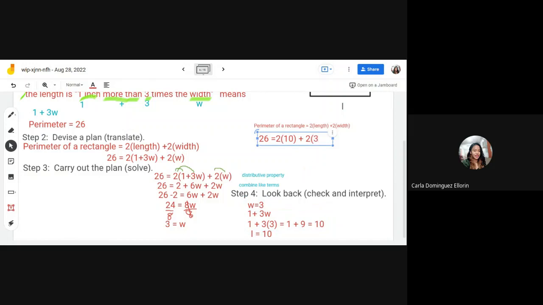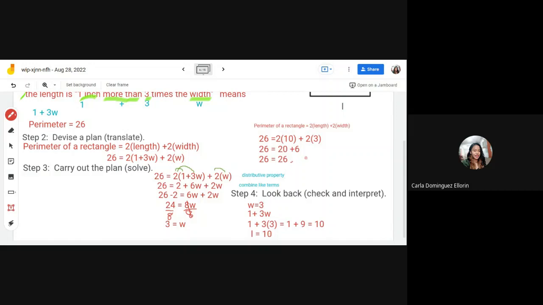So, 26 is equal to 2 times 10, that is 20, plus 2 times 3, that is 6. So, 26 is equal to 20 plus 6, that is 26. So, the values we got are correct: the width is 3 and the length is 10.